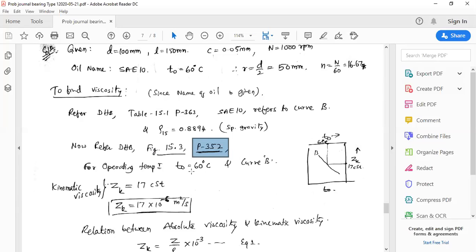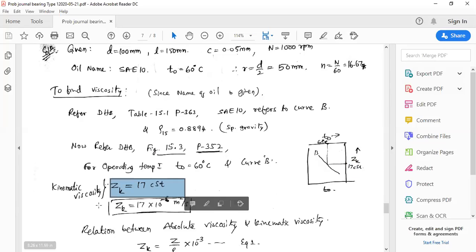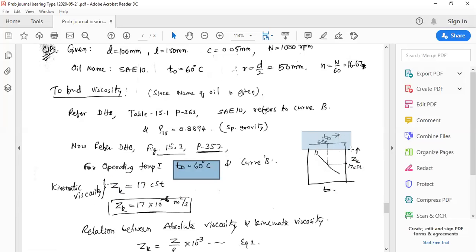Now, with respect to 60 degrees centigrade and curve B, the Zk value obtained here is 17 CST, 17 centistoke. There are a number of curves A, B, C, D, E, F, G like that.